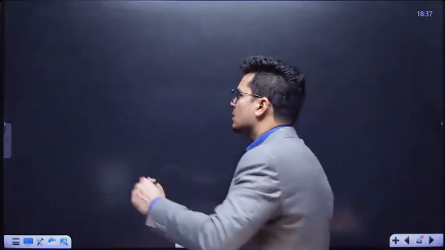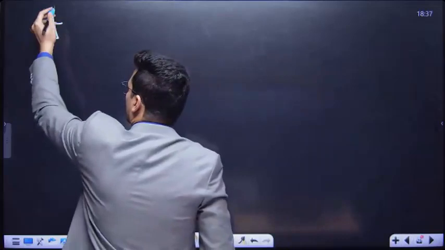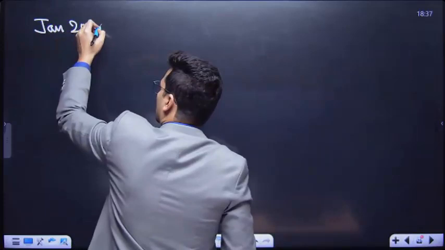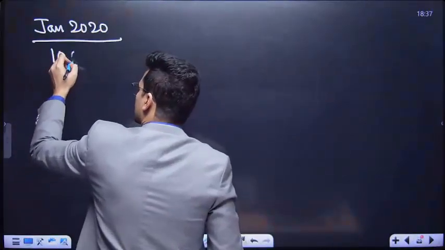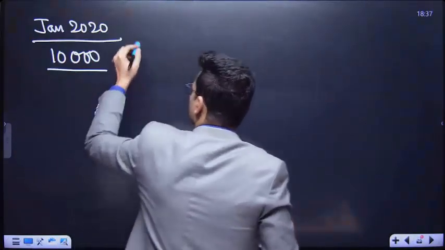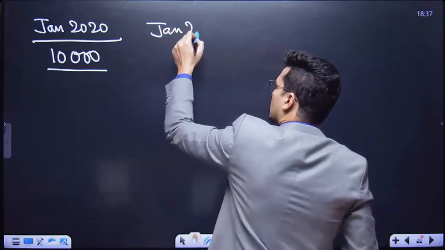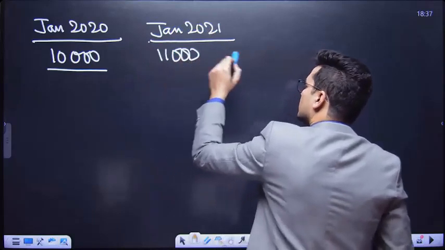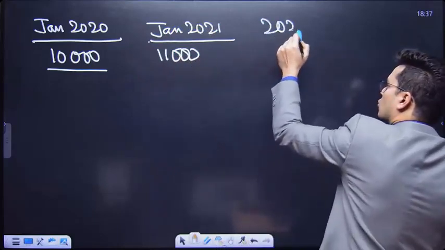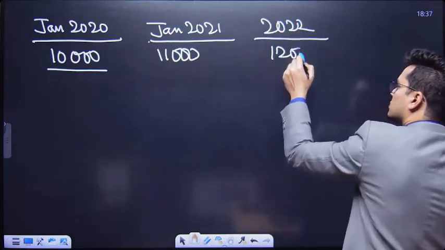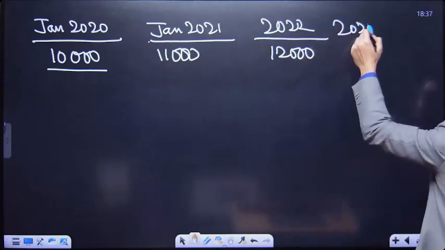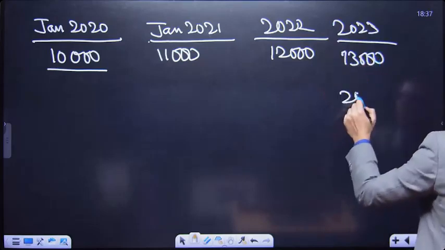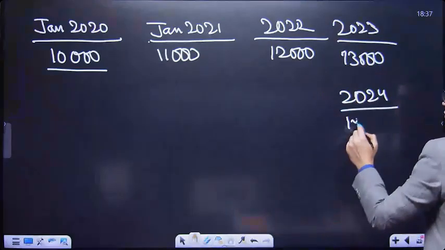अब देखो, अब मैं जनवरी के मंथ को देखता हूं. जनवरी 2020 दिस बास्केट वाज 10,000. January 2021 this basket became 11,000. 2022 this became 12,000. 13, and now 14,000.